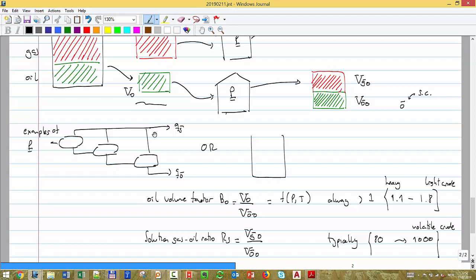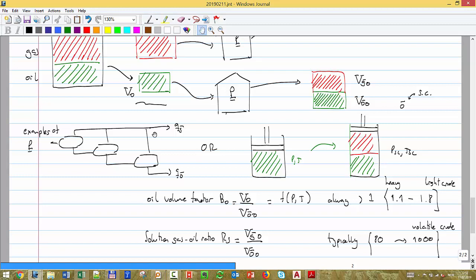If you are in a lab, you have your oil at any given pressure and temperature, and then you take it to standard conditions, you simply expand the piston. You take the piston up, and then you get from here this much gas and this much oil. Two simple processes. If you are in the lab, you perform this calculation. If you have an equation of state or a simulator, then you use this process.